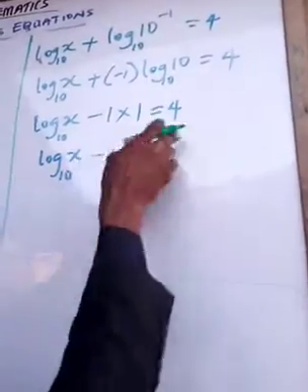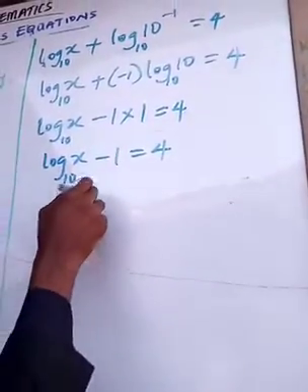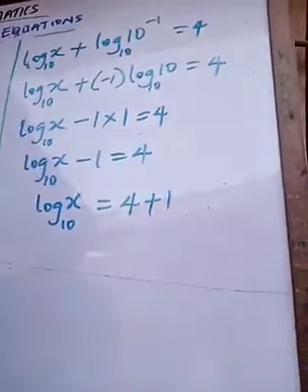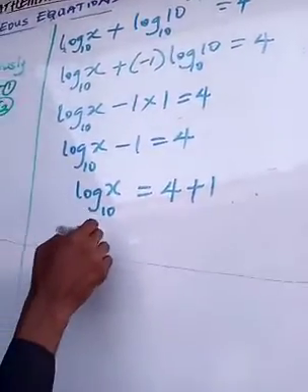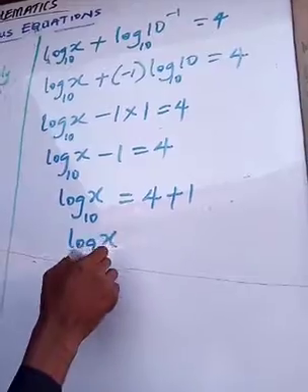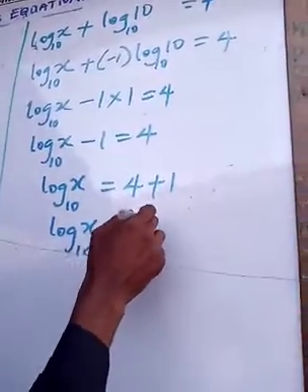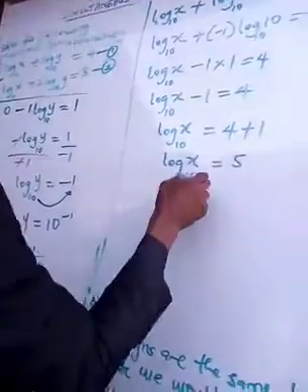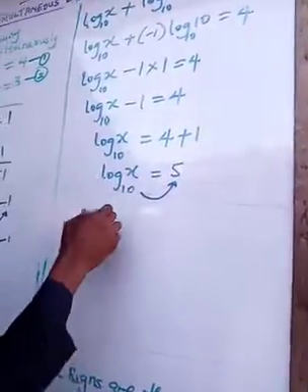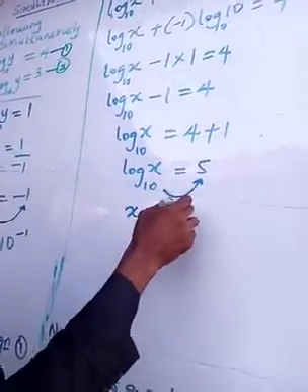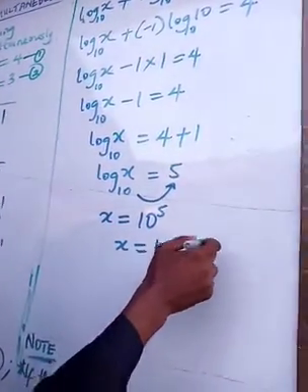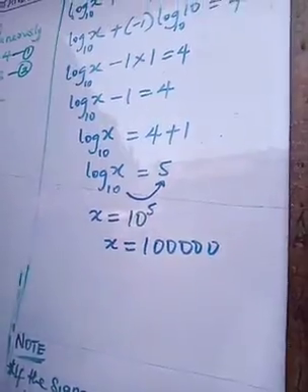So if this minus 1 goes to that side, we have 4 plus 1. So we have log x base 10 equals 5. Applying this similar rule here, x is 10 raised to power 5, or you can say you have 5 zeros, that's 100,000.